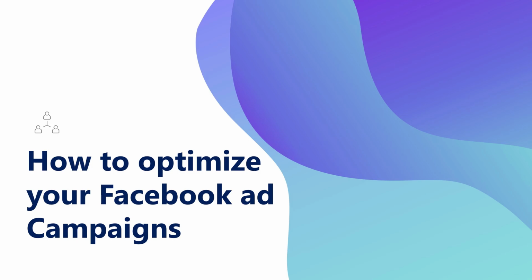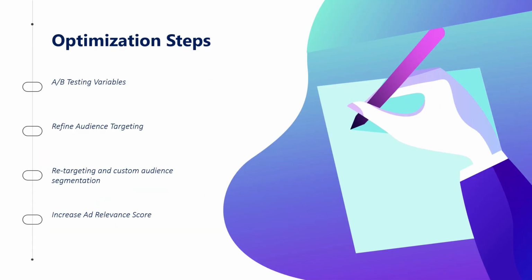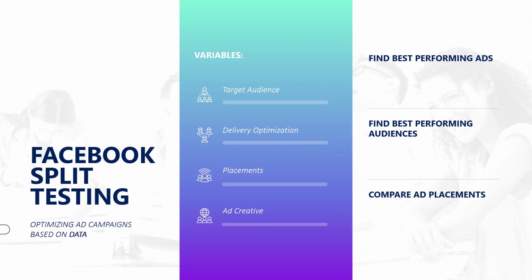So let's get started. The number one step in terms of optimization that I would recommend is conduct A/B testing. So Facebook has this feature that allows you to split test your campaign, and it allows you to test different variables.